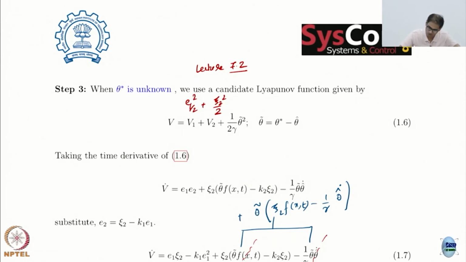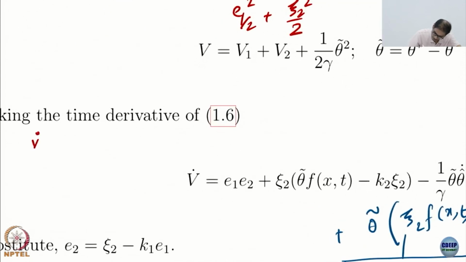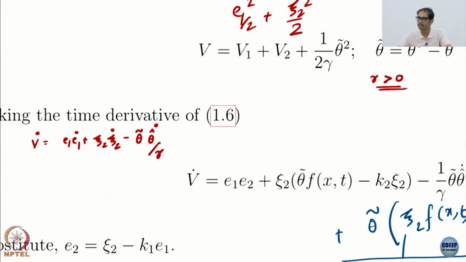So V dot is e1 dot plus psi 2 dot minus theta tilde theta hat dot divided by gamma. This gamma is some positive quantity, just a positive scaling called the adaptation gain. It basically controls how fast you will update the parameters, that is it.